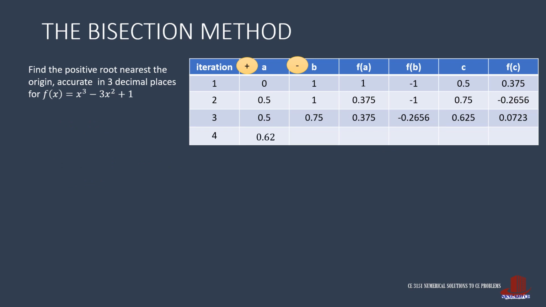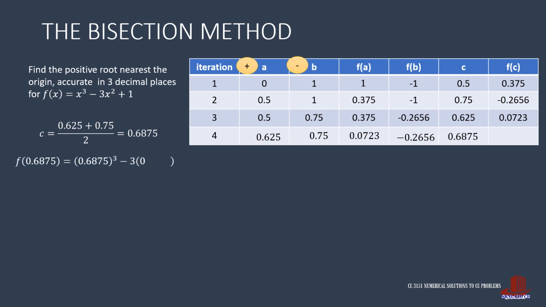Iteration 4 has a as 0.625, f of a as 0.0723, then b as 0.75, with f of b as negative 0.2656. c is then taken as 0.625 plus 0.75 over 2 to get 0.6875.